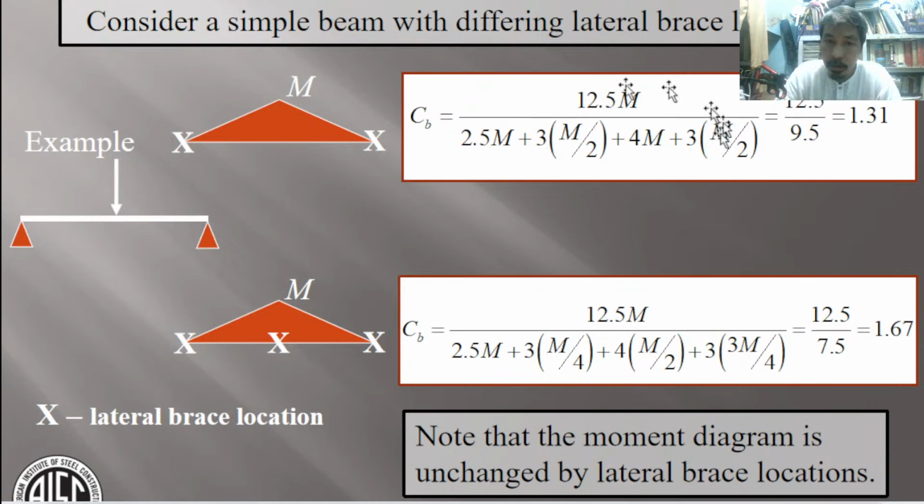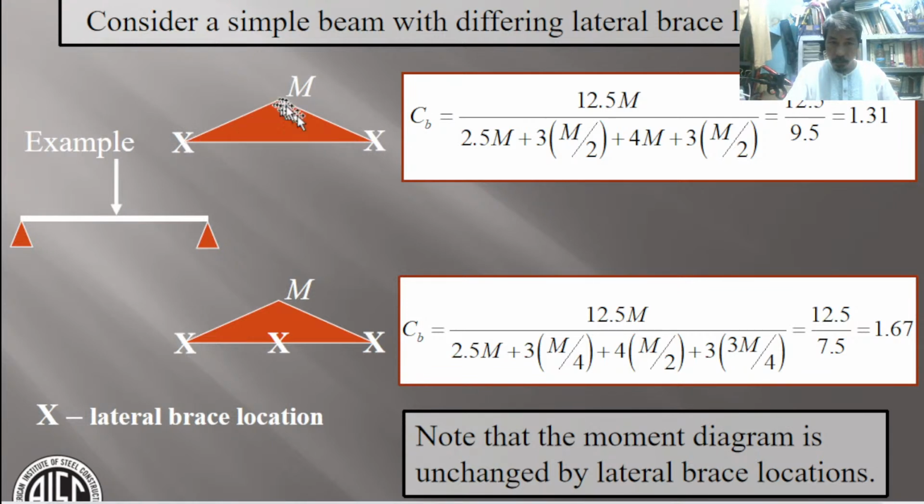After calculating CB, for example, consider a simple beam with different lateral bracing, as in the given example. We have the load, and X to X is the bracing.